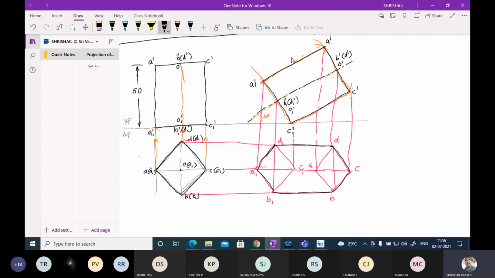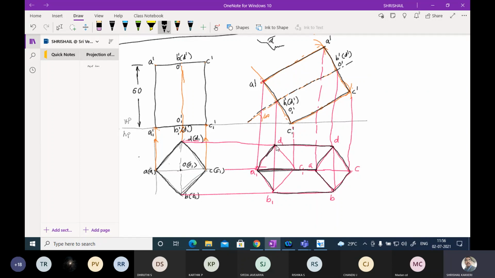And if you look from this end, A1 is nearer to the observer. The observer is looking from here and he is going to see. He is looking from this end. So A1 is nearer to the observer. This will be a thick line. And since A is a thick line, A1, definitely the two lines which are joining will be thick lines only.